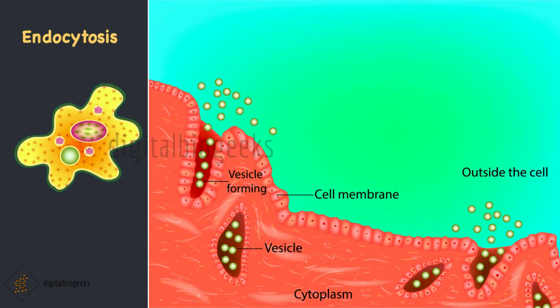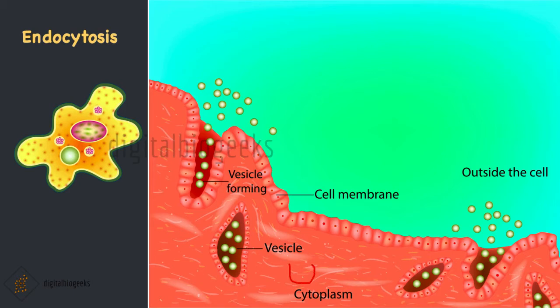And after this, the area of the membrane buds off inside the cell as vesicles. You can see here the vesicles and inside the vesicles the food particles are there. These vesicles are transported deep into the cell. This process is called endocytosis. Then these vesicles come in contact with a cell organelle called lysosome.